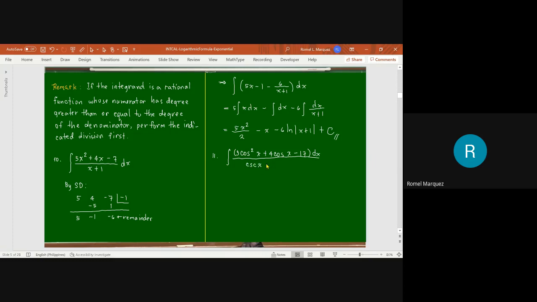Yan. Minsan nadudulo ko yung tulad ng kopya ko, ang nakopya ko cosine 2, ano yun? Cosecant x, yung pala ano yung sa problem nyo, kaya may namali eh. Yung assignment nyo, naduling ako sa pagkopya. Ano to? Cosecant x, nasa na ba yung kinokopya ko?